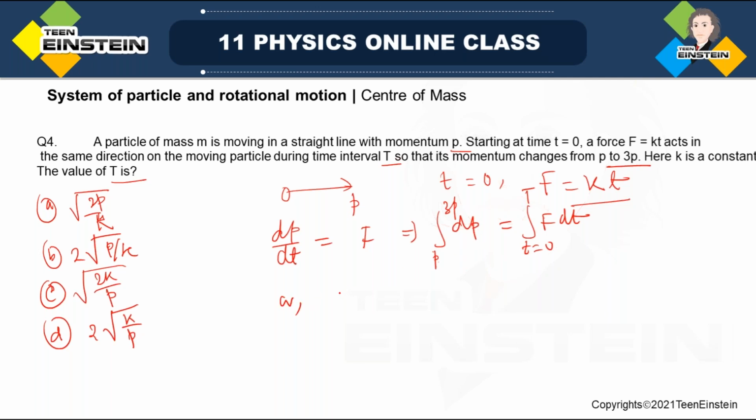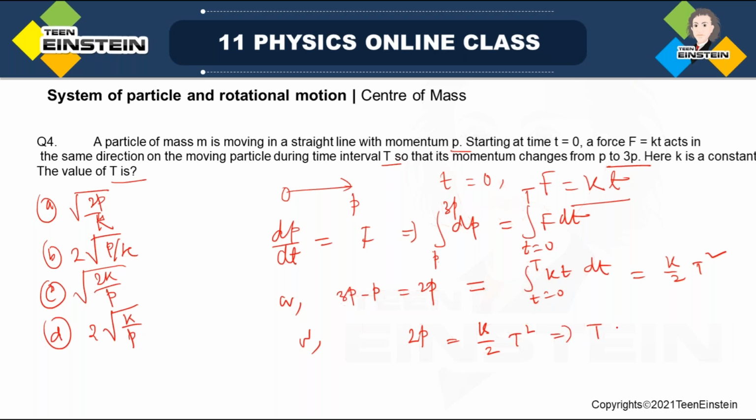So the integral of dp will be 3p minus p, that is 2p. That is equal to, putting this F like this and integrating t from 0 to capital T, k by 2 into capital T square. So we have 2p is equal to k by 2 into T square.